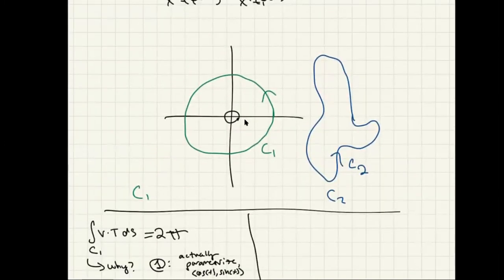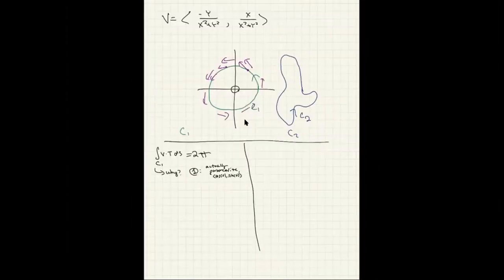This vector field actually is always doing this. So, it makes sense that at every spot you're making not just an acute angle, like a zero angle. So you're adding up a positive number along your entire curve, along that green curve. Okay, so that's one way you could see it.